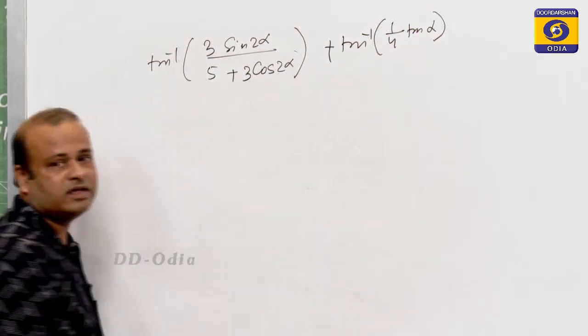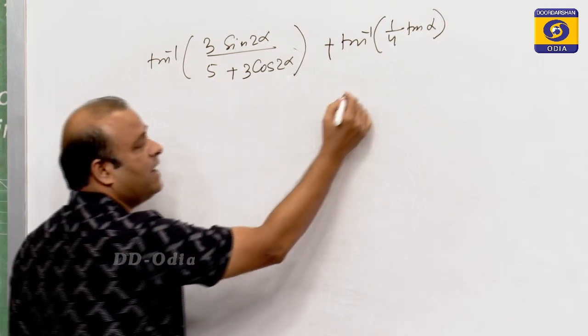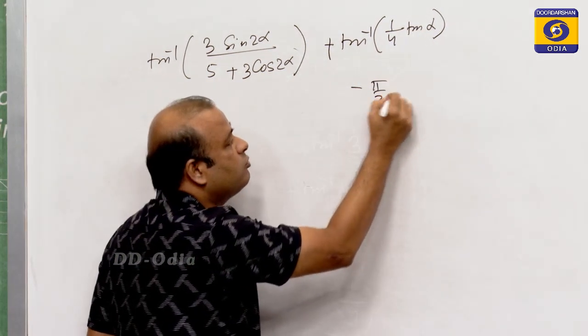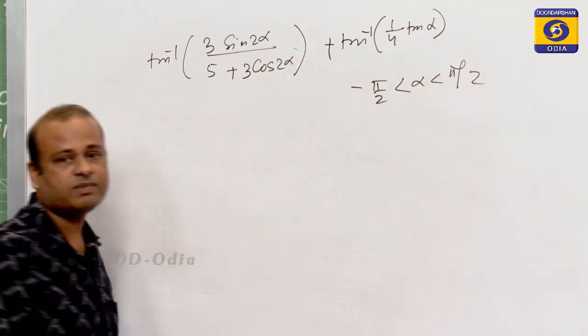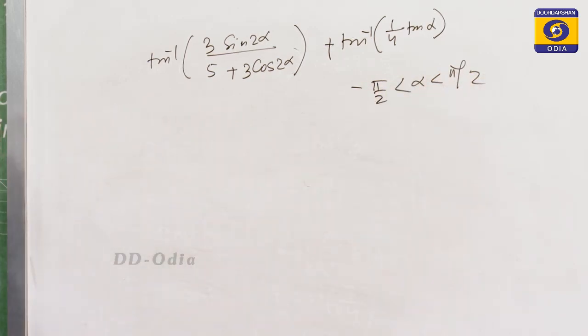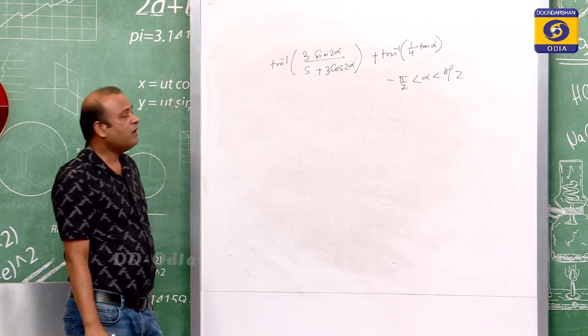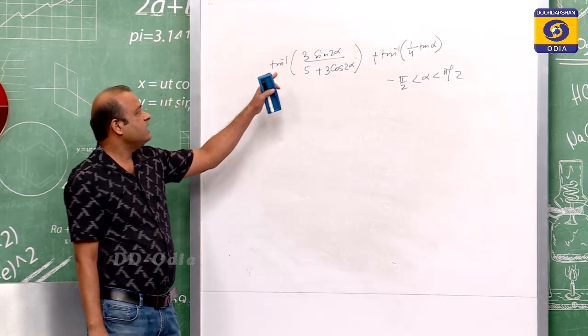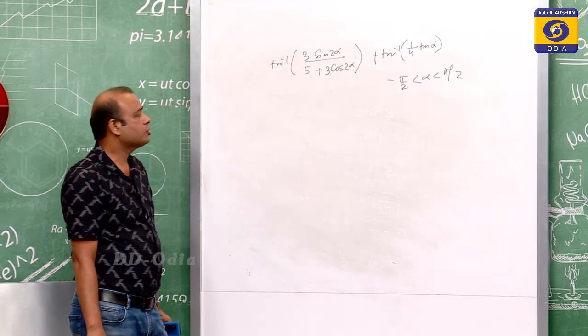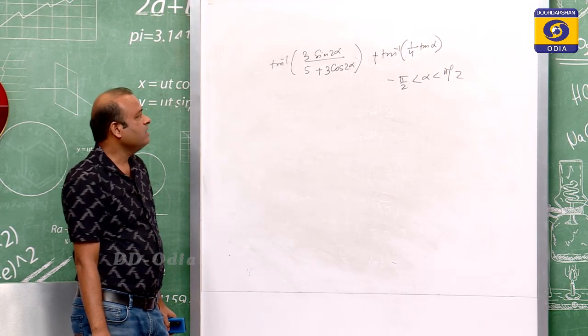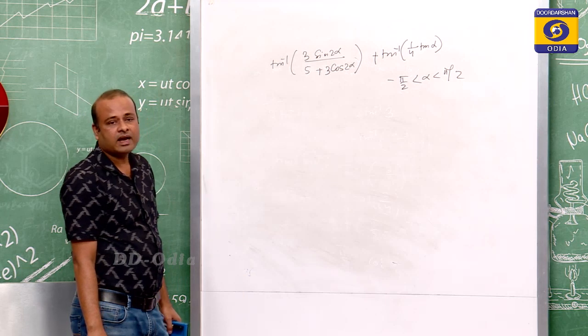Let us evaluate this one. Here alpha lies between minus pi by 2 and pi by 2. The question is to find the value of tan inverse 3 sin 2 alpha by 5 plus 3 cos 2 alpha plus tan inverse 1 by 4 tan alpha.